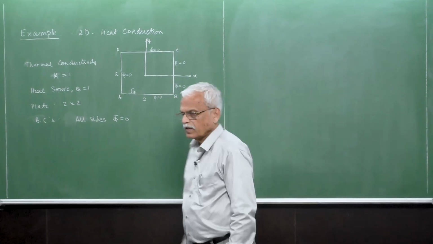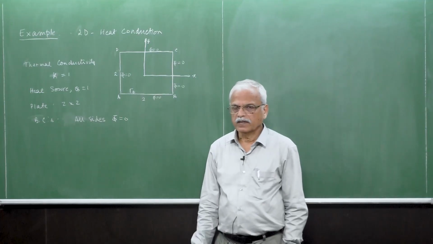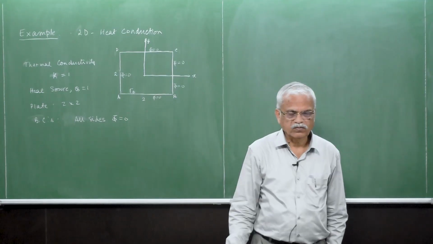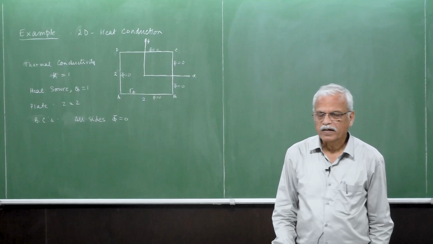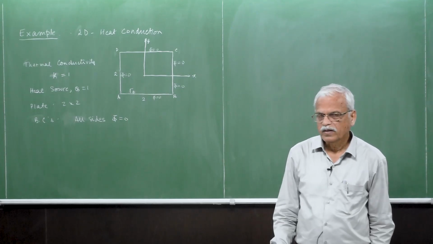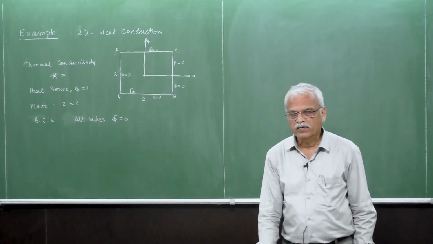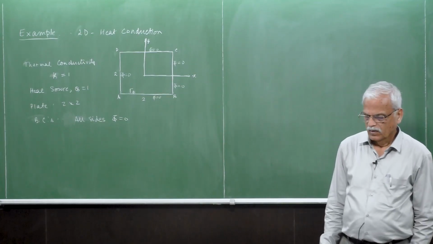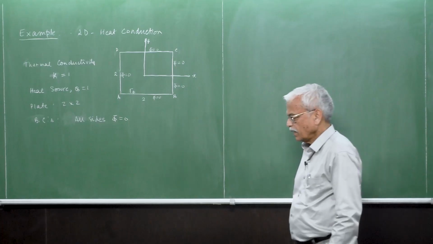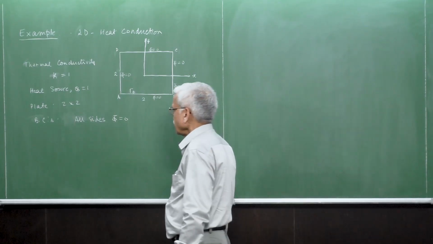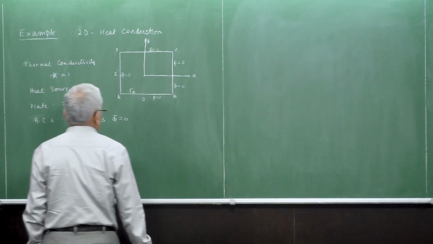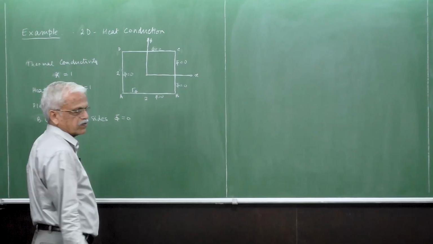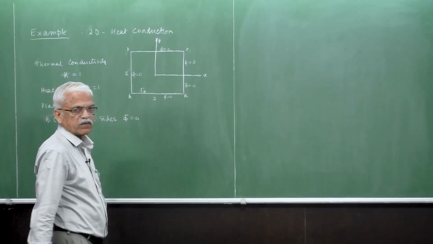It's a square plate with material, of course, being constant thermal conductivity, and Q, the heat source, and the boundary conditions, they are all symmetric about X and Y axis. So what we need to take into consideration is good enough if we take only 1 quarter plate.